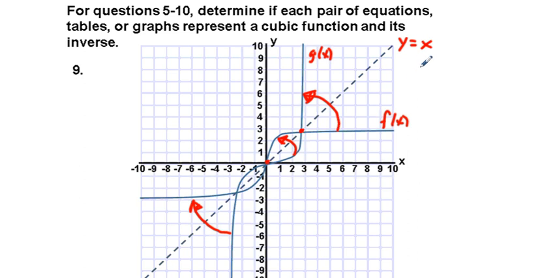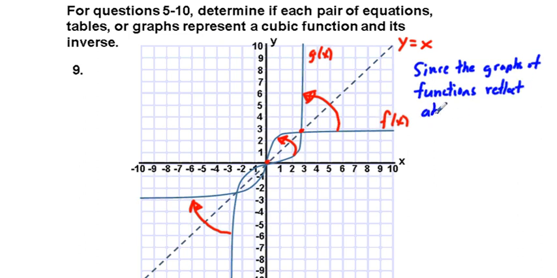So we say since the graphs of the functions reflect about the line y equals x, they are inverses of each other.